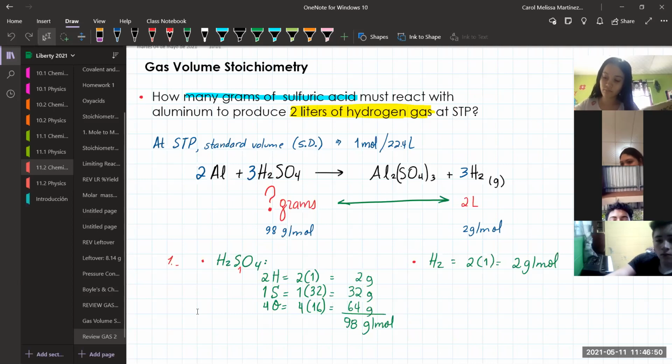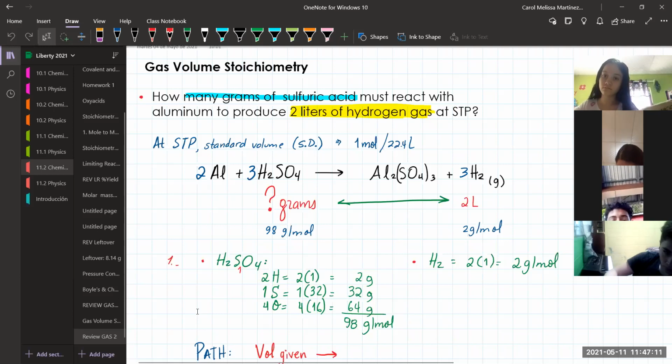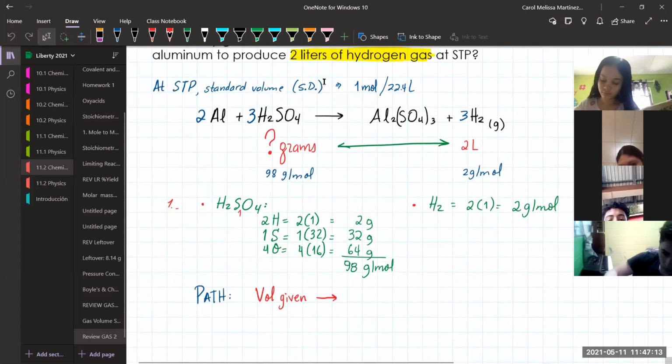Okay, so I have to work with my path. So with my path, I have my volume given, and take a look. If the volume is given, with the standard volume, I can get the number of moles that you can see right here.